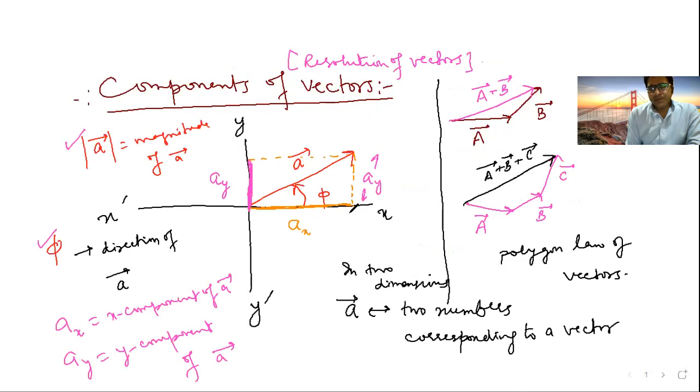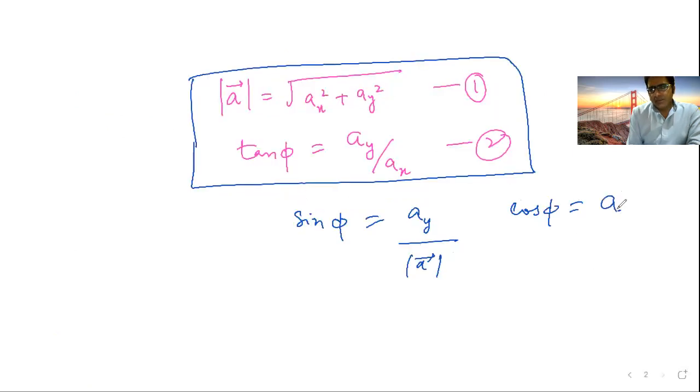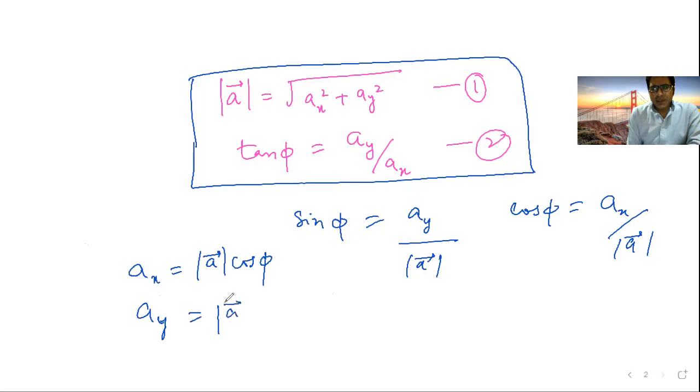Base is ax by A, right? That means ax is A cos phi and ay is A sine phi. Let this be my third and this be my fourth.